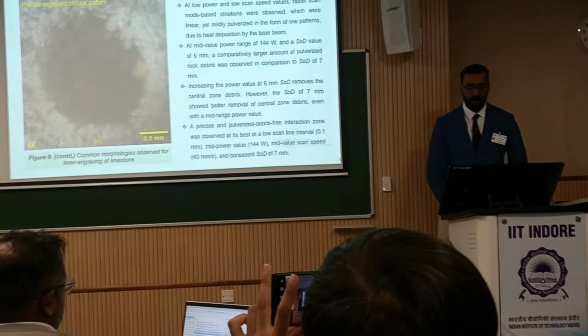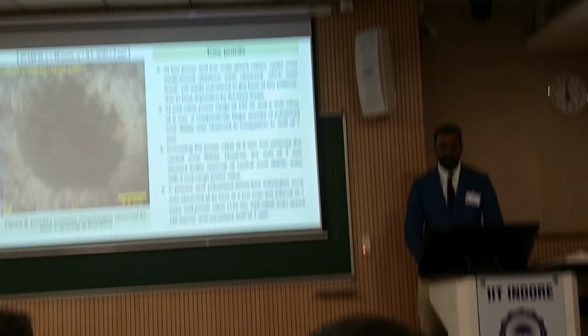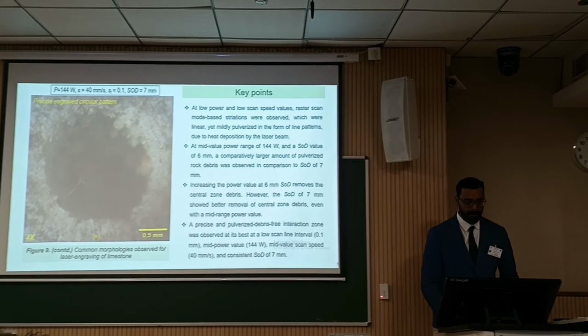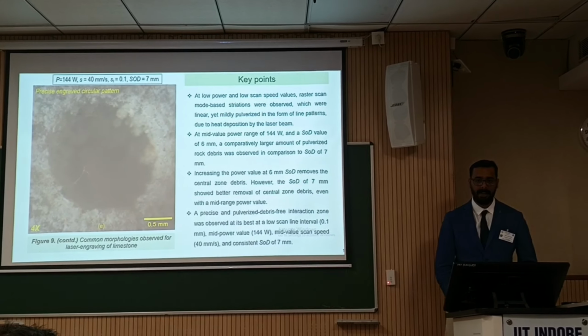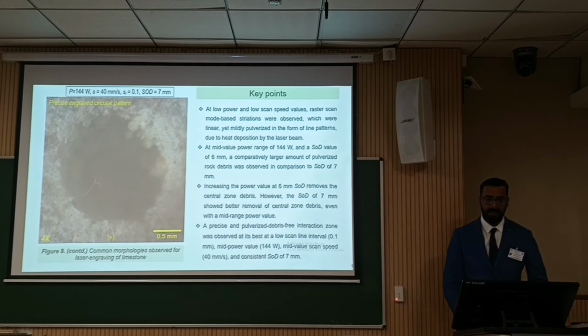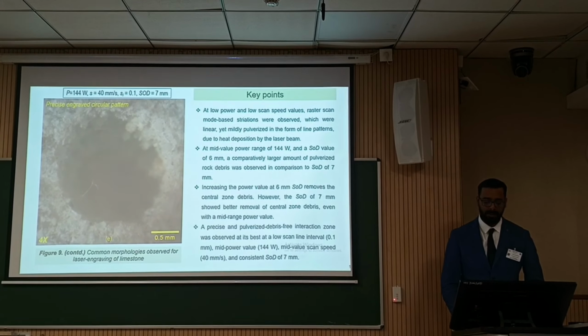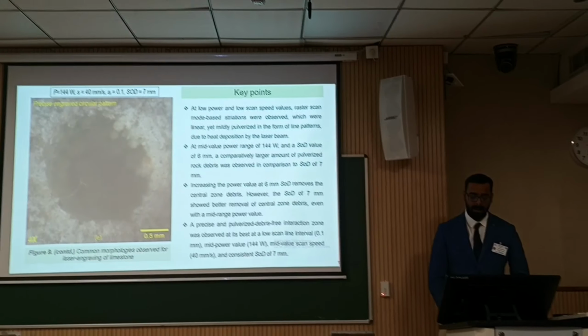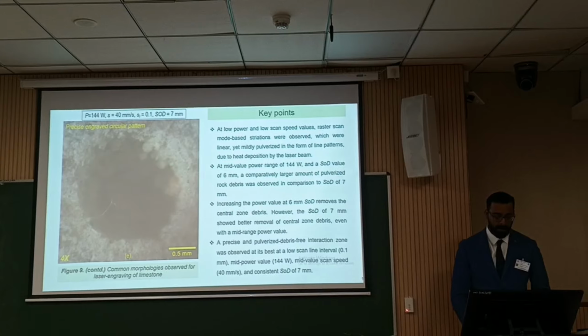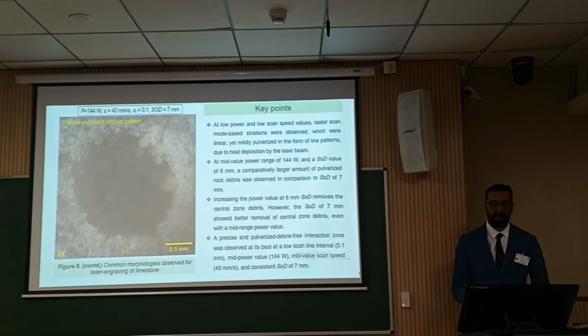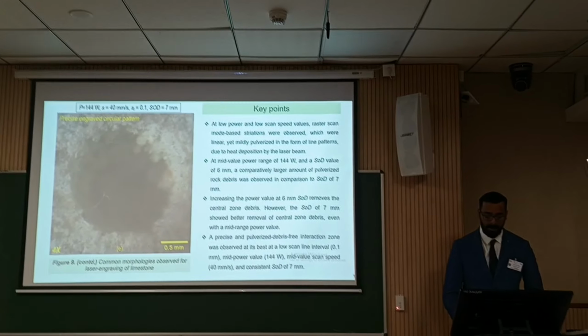The key points observed are that at lower power or lower scan speed value, we had in the raster scan mode striation thicker hatchings or spacings, yet mildly pulverized forms of the debris, while at mid value range, such as 144 watt or the SOD value of 6 mm, comparatively we had more spread out formation of the pulverized debris.